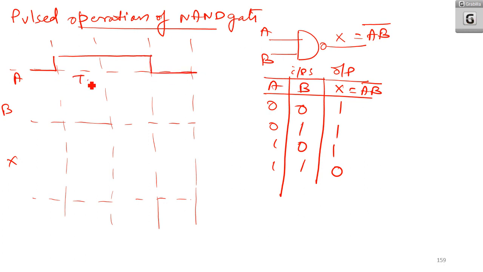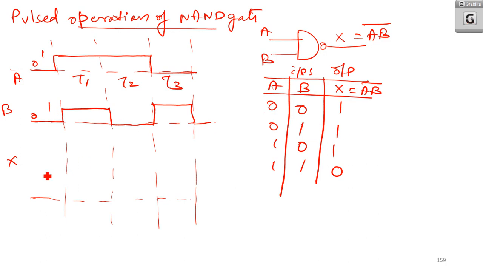Okay, for T1, T2, T3. So B also I am drawing the pulse train. Okay, so how will be S? 0 dot 0, it is 0, 0, 1, 0, 1, 0 dot 0.